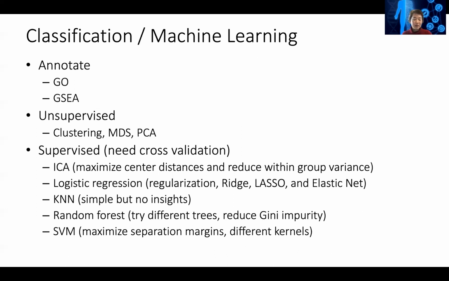And then finally, there's support vector machine. I frankly don't see it used as much in, I mean, you can try it out, but I don't think it's used as much in biology. But these are all just different ways of separating the samples between the two classes and trying to gain some insights.